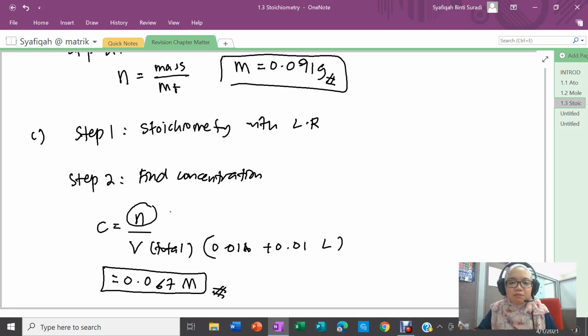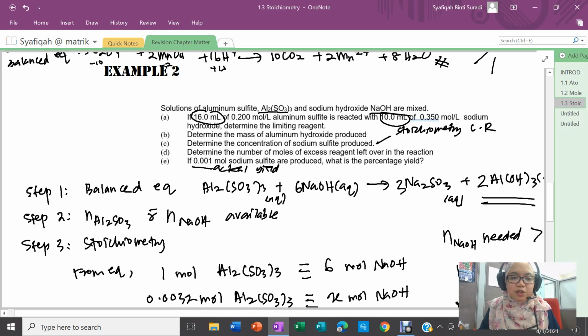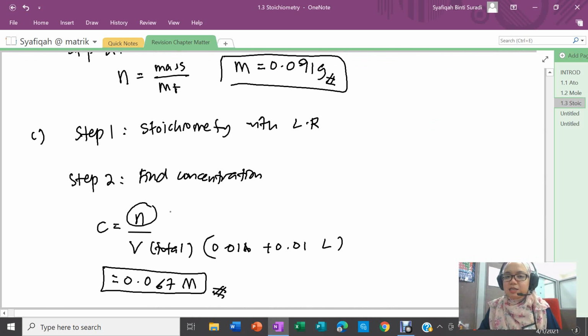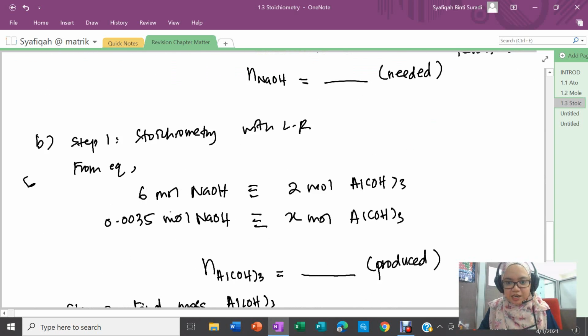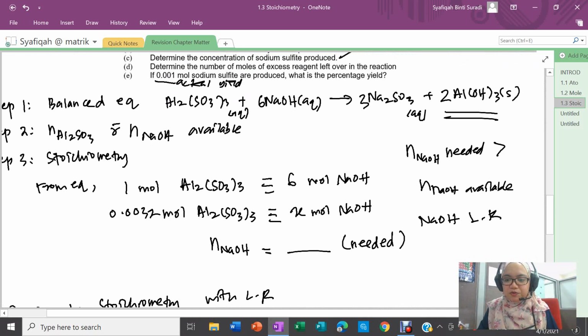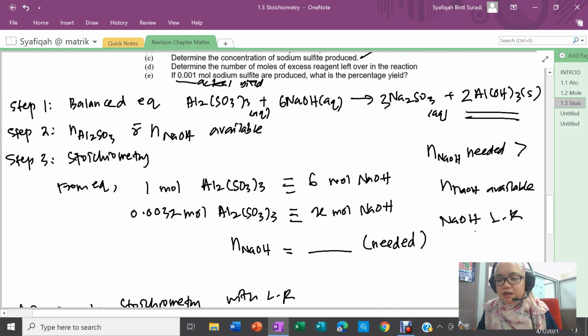So, sekarang ni Miss just bagi korang final answer je. Okay. Untuk soalan example tu, A, B, C, D, E, cari jawapan korang sendiri. Okay. Miss dah bagi final answer. Okay. Alright. And final answer dia now. Now is limiting reactant. Okay.